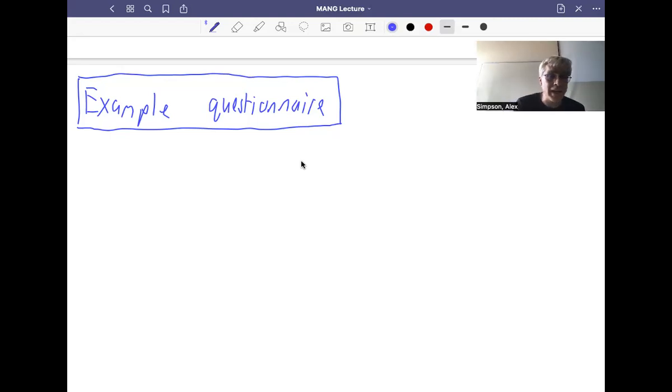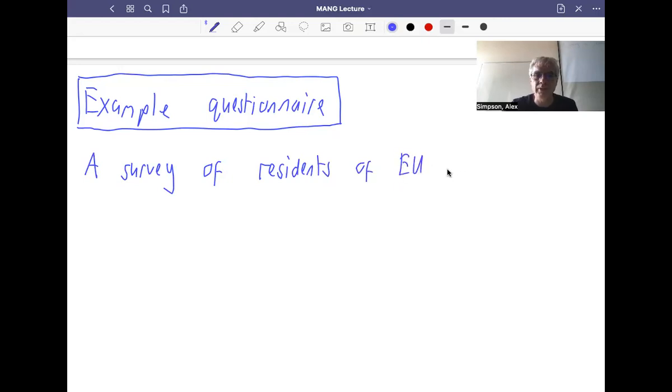So in this case, the questionnaire is going to be a survey of residents of EU countries, so not just one EU country, but the EU countries in general, European Union countries, of the opinions of people on the EU itself.